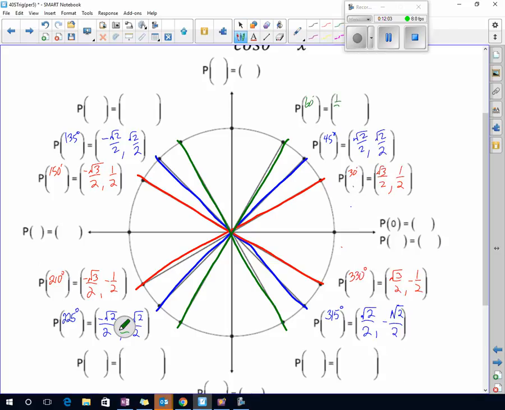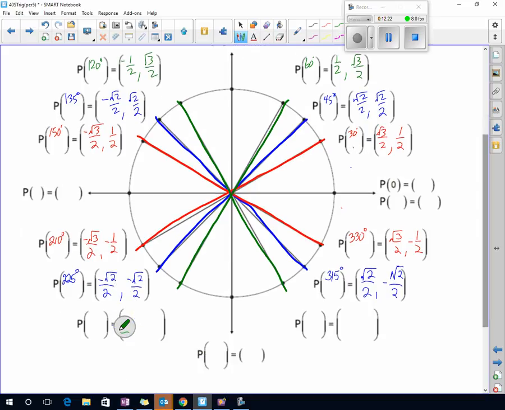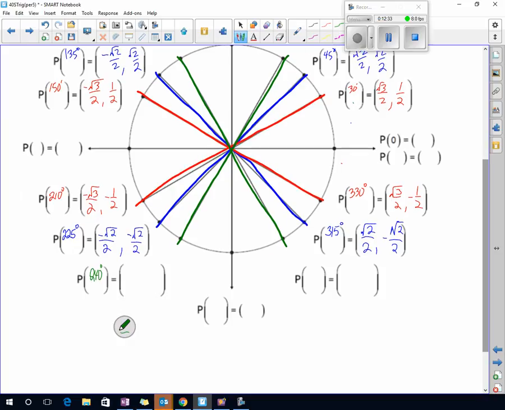Yeah, so it's 120 degrees, and it would be -1/2, comma, root 3 over 2. 300 degrees. And then 1/2, comma, negative root 3 over 2.